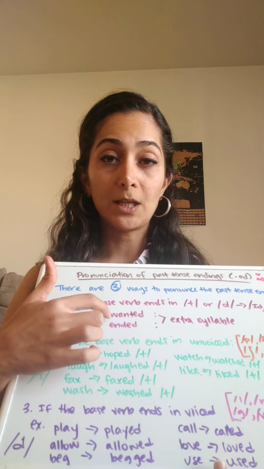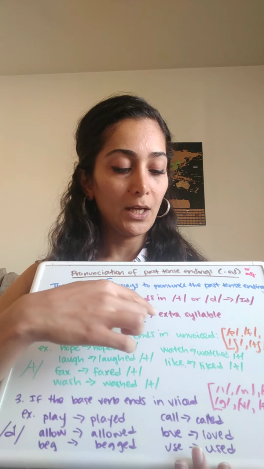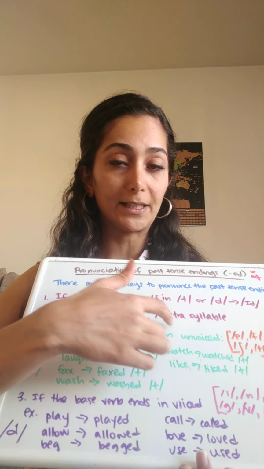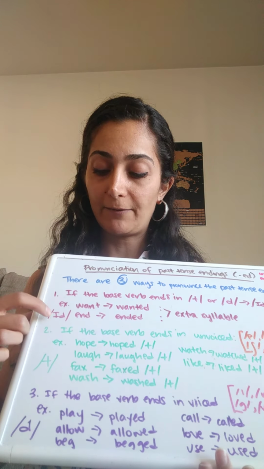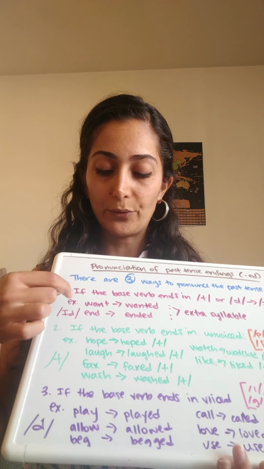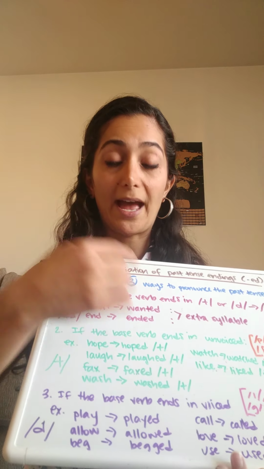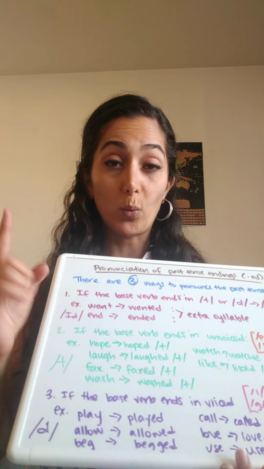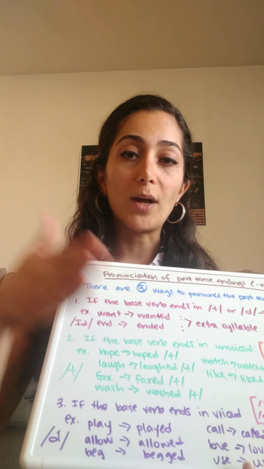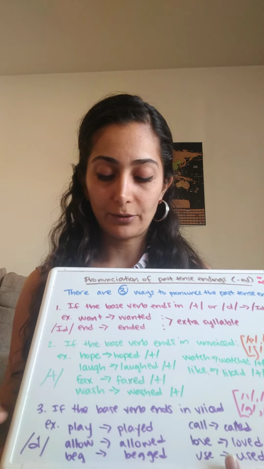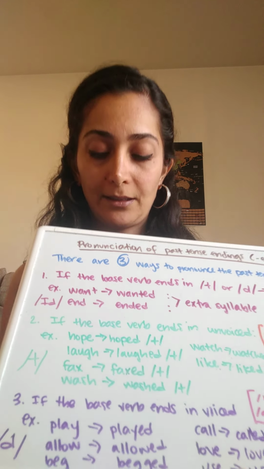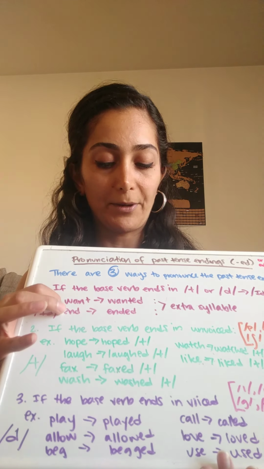So this becomes wanted. Again, with this particular sound, we add an extra syllable because when we see a vowel sound, that means it's a new syllable. So this has its own vowel sound, so we have an additional syllable. Want has 1 syllable, but in the past tense we say wanted, 2 syllables. Another example is end. That's the base form of the verb.